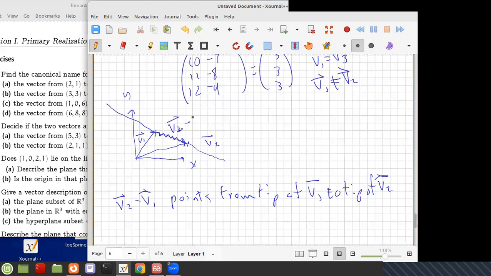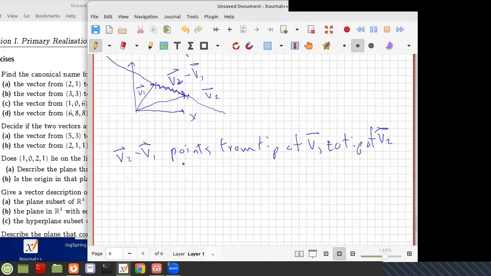I haven't mentioned that this is a consequence of, well, let's say, for example, that we have V1 plus V2 minus V1, right? What does that equal?